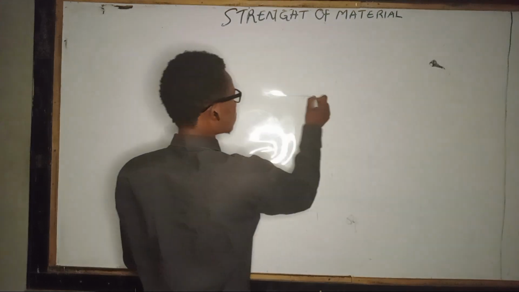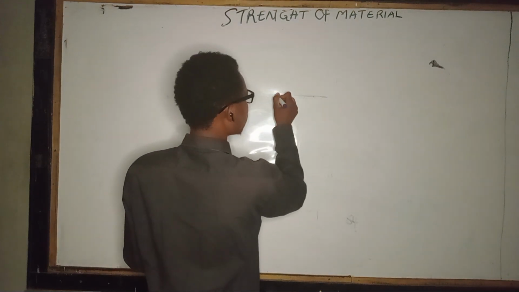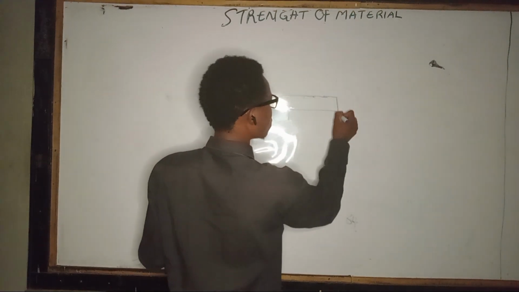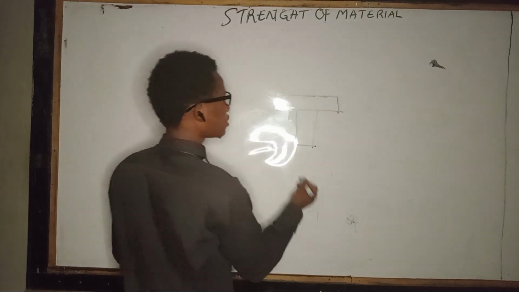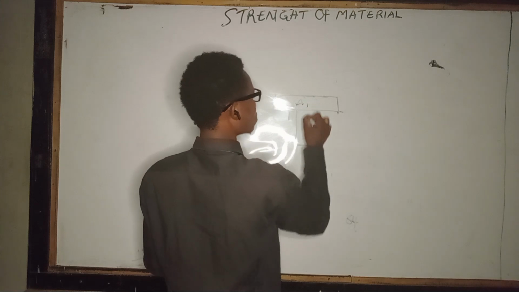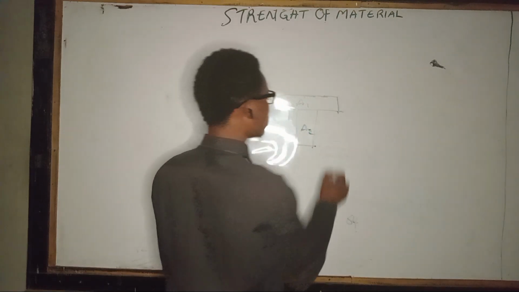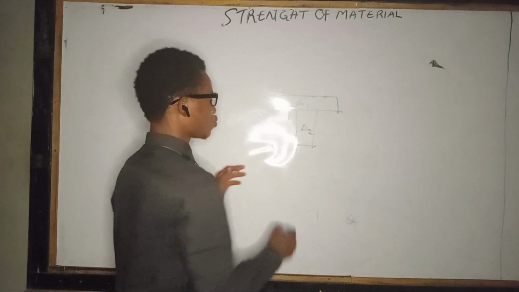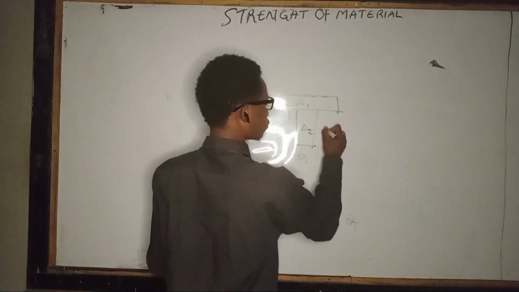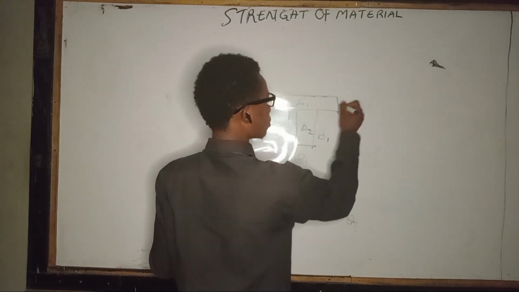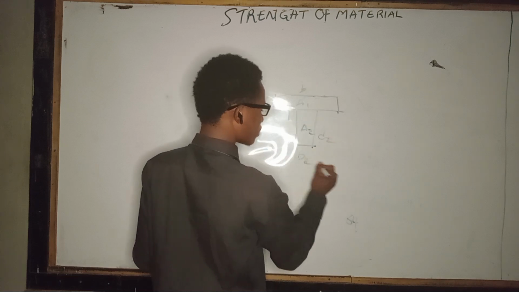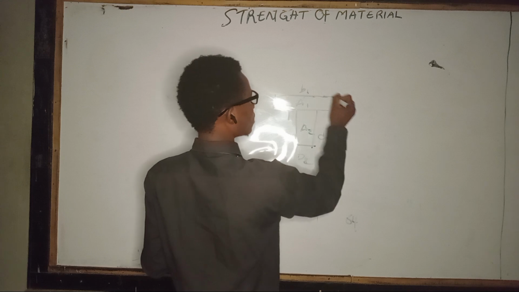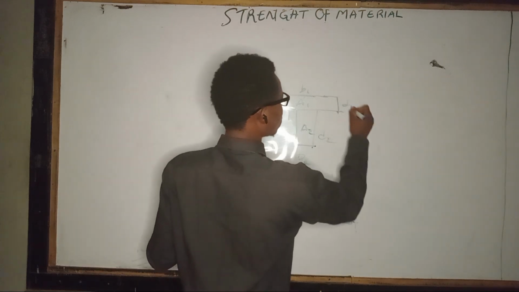Now let's take a look at a T-section whereby we have something like this and something like this, given that this is A1 and this is A2, that is the area of 1 and the area of 2. This is the base of the first one and the depth of the first one. We have the base and the depth of the second.